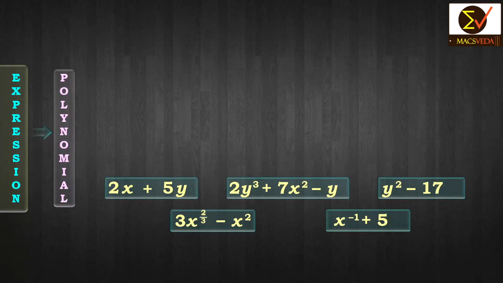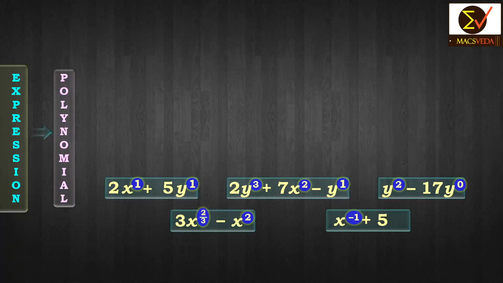Now what are polynomials? Consider the expressions in which the powers of the variables are whole numbers. Like you see 1, 1, 3, 2, 1, 2 and 0. Now if you observe the powers, the second term's power is fine, 2, but the first term's power is 2 by 3.